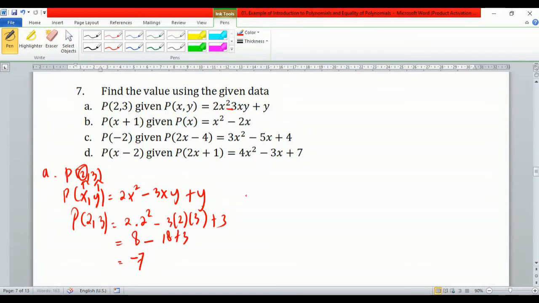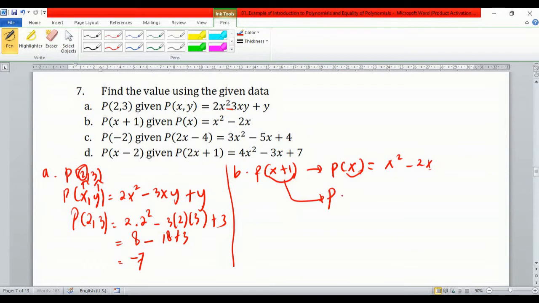It's easy, right? So how about number B? For number B, they're asking you to find p(x plus 1) from p(x) equal to x squared minus 2x. Remember everyone, this one is x plus 1, this one is x. So you need to substitute the x plus 1 from here to here, I mean.